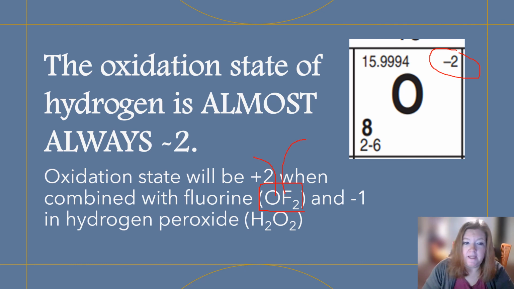And in this instance, remember, hydrogen is always what? +1, unless it's with a metal. Well, this is assuredly not a metal. So in this peroxide formula, since hydrogen was +1, oxygen is going to end up being negative. Couple weird things.